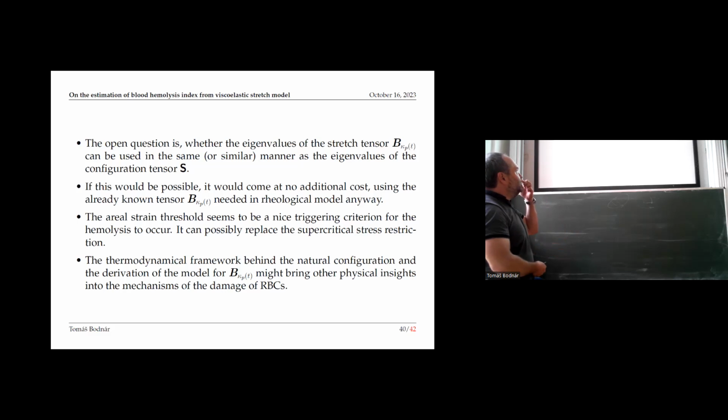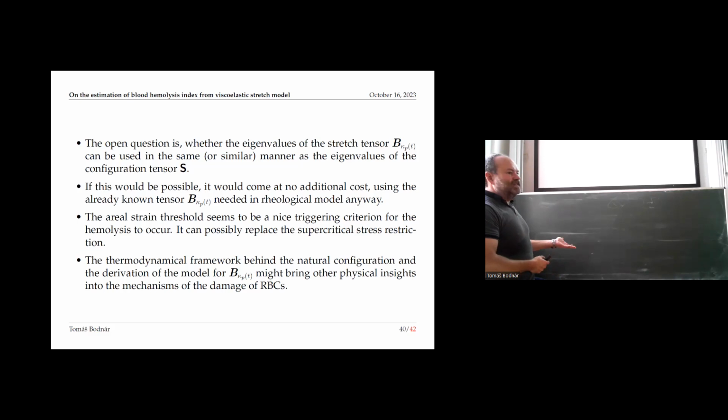So maybe again, what we can do is, from the eigenvalues of this tensor that you need anyway if you are using the logarithmic transformation, calculate the areal strain of the cells and use it for estimation of the blood damage. And it's almost for free. You already have the tensor, you did already the major part of the work.